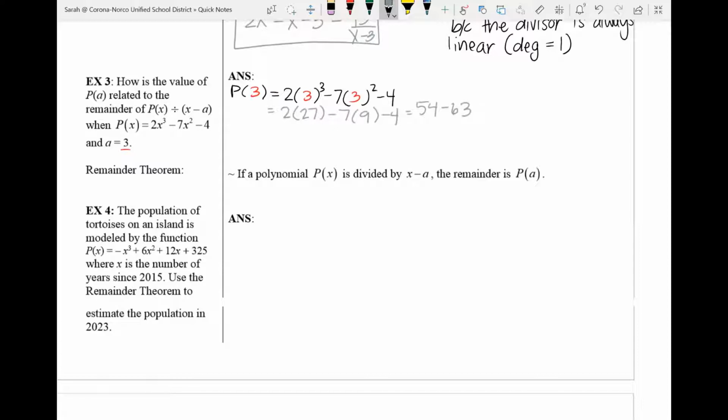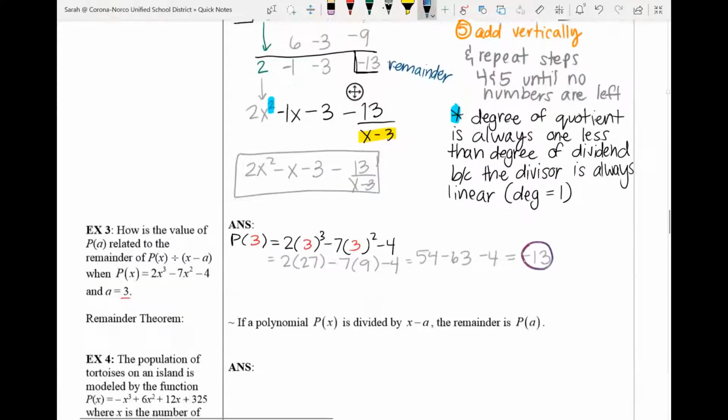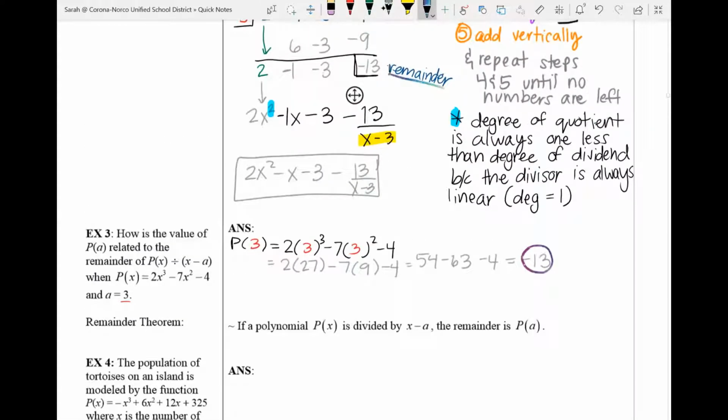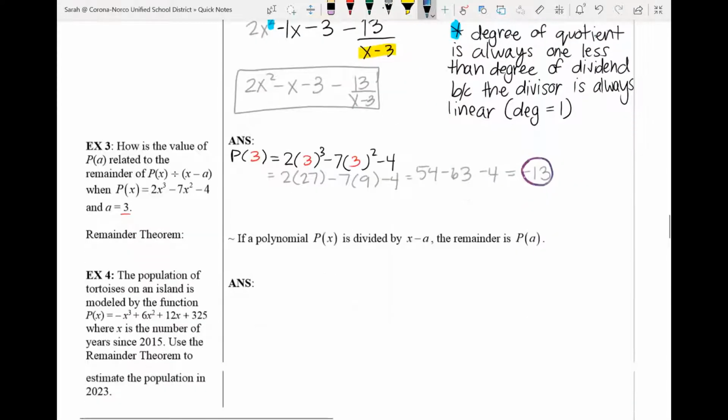And then minus 4. So 54 minus 63 is negative 9. And then negative 9 minus 4 is negative 13. And so notice that negative 13 was our remainder from that problem before.